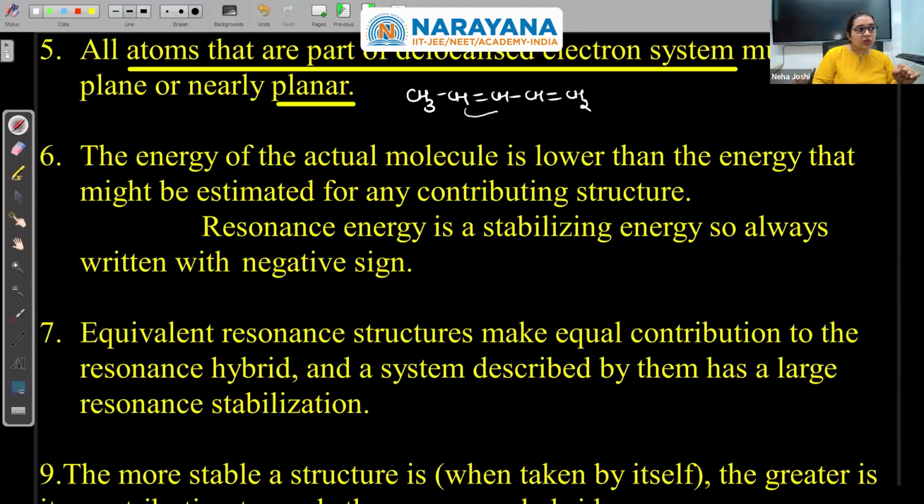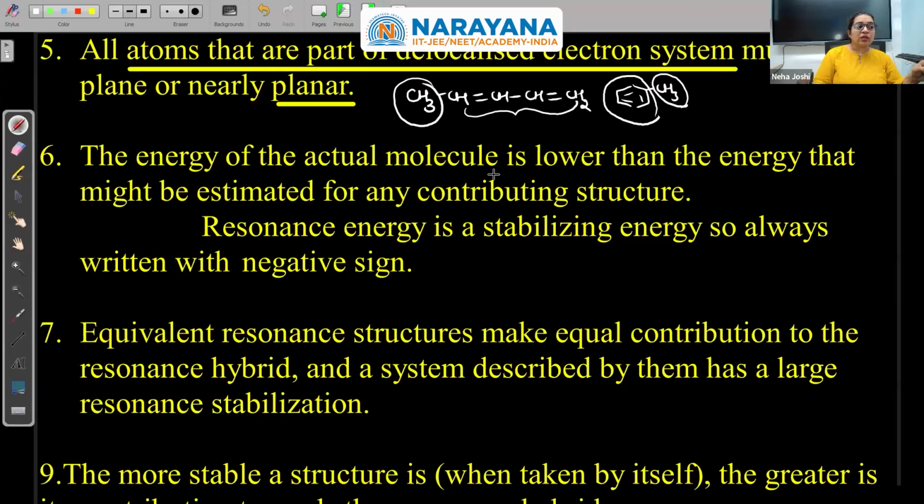So my resonating part is only this. I'm not bothered about its sp3 nature. If I talk of CH3, I'm not bothered about this CH3. The part which is in resonance is planar. Clear? So only the part which will participate in resonance has to be planar, not the entire molecule. We do not want the entire molecule to be planar.